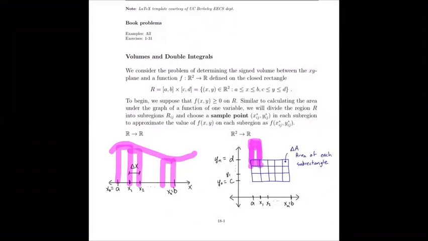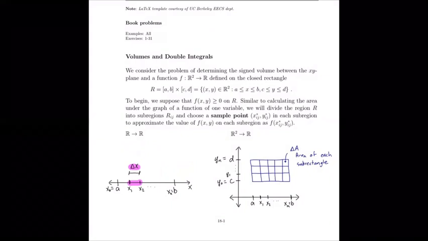So to go back to some of the details, we recall that for a function from R to R, our single variable function, we'd calculate delta x. Delta x would be the step size that we want to make between each of these interval lengths. Of course, that didn't always have to be the same length. It just turns out that if we use the same length, it simplifies our processes, especially our approximation techniques.